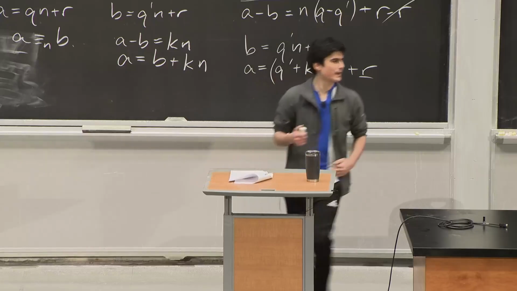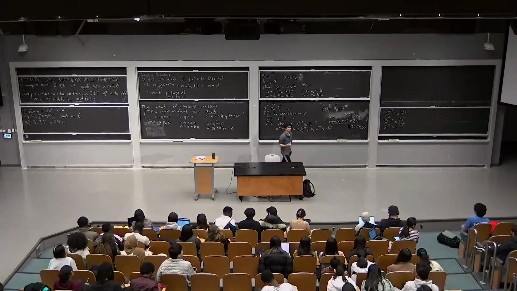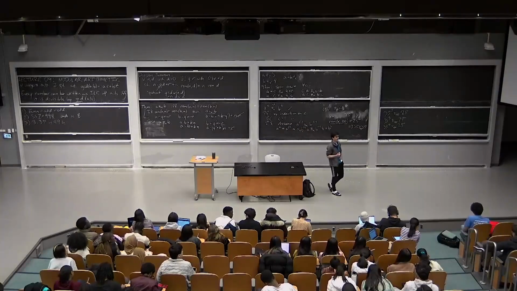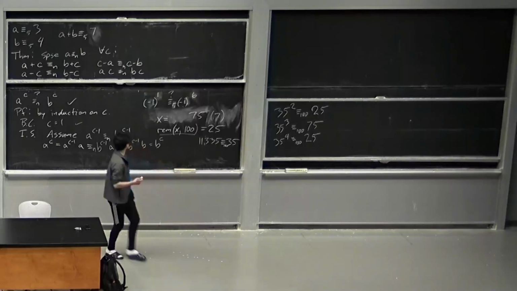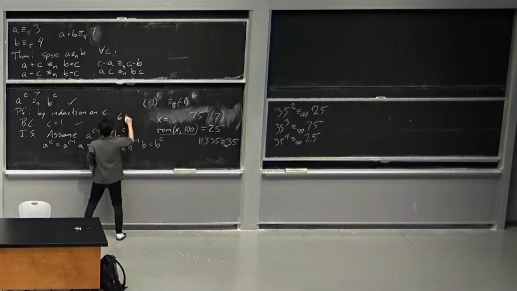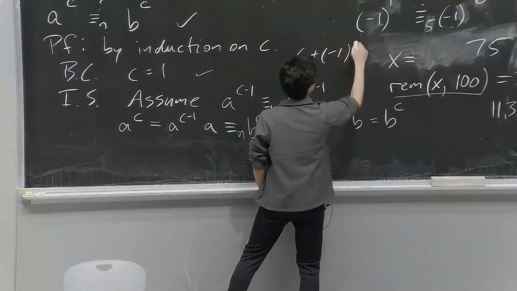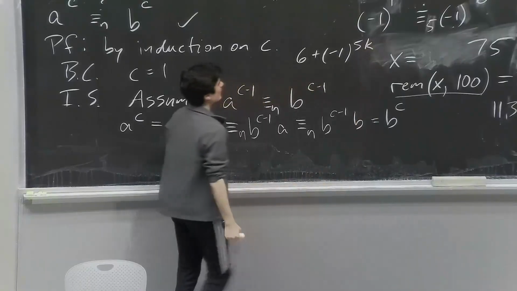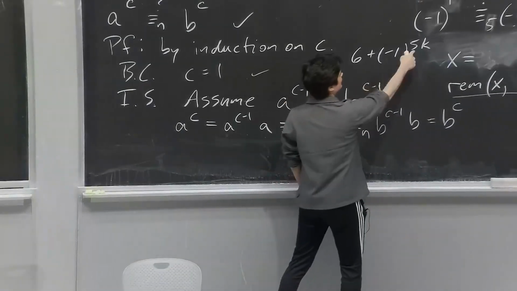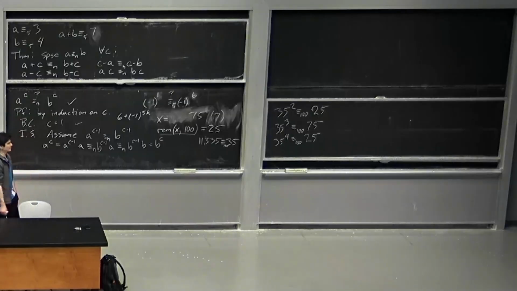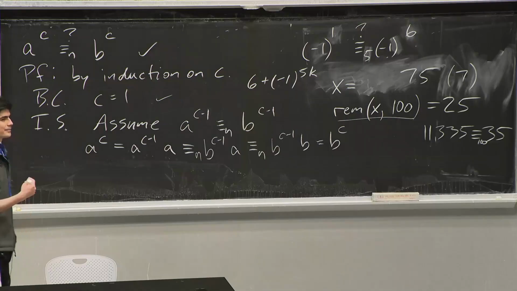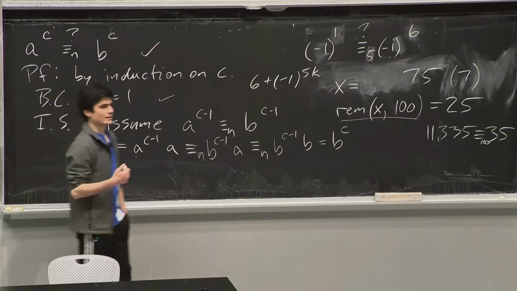Yeah. I believe there was a step where we went from 6 plus negative 1 to the 5k to 7. I was just wondering what happened. So we had 6 plus negative 1 to the 5k. We are exponentiating this negative 1 over the integers, right? Negative 1 to any even power is going to be 1.